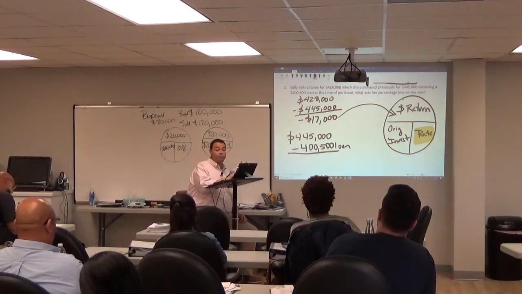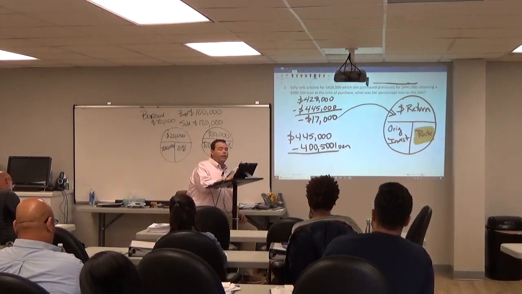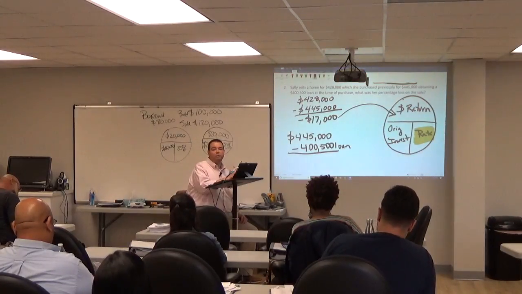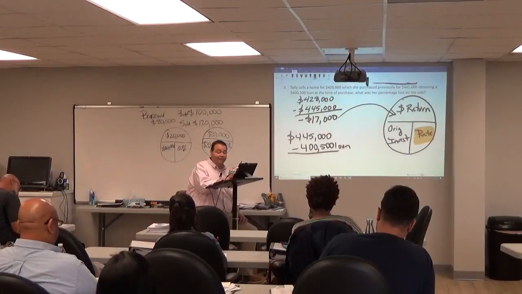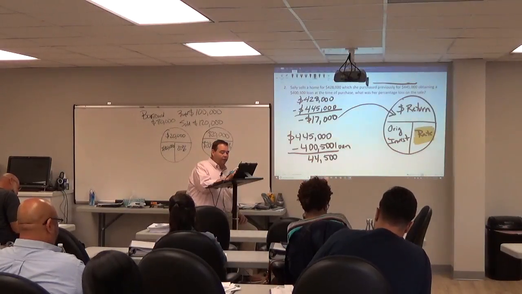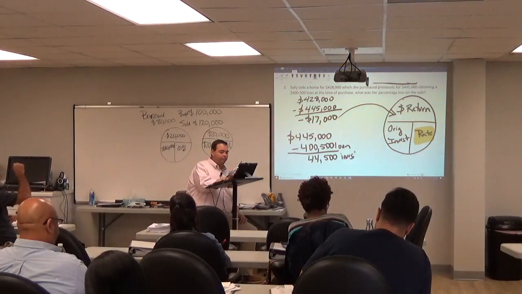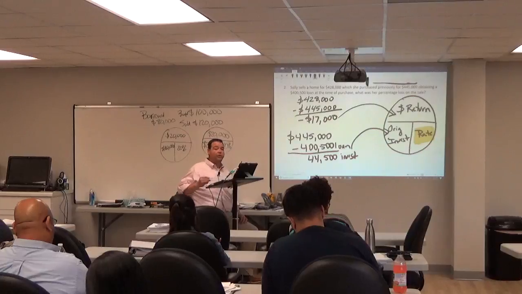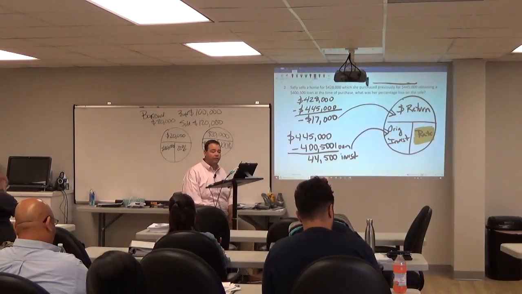Does that make sense? Again, nobody cares as an investor what they paid for the property. They care how much money came out of their pocket. In this case, that was $44,500 invested. That make sense for everybody? And that's the number that goes in the bottom of our T-bar.